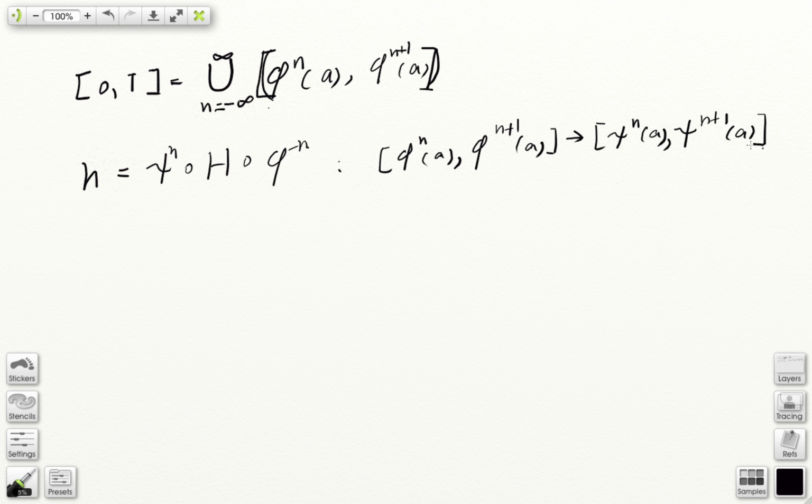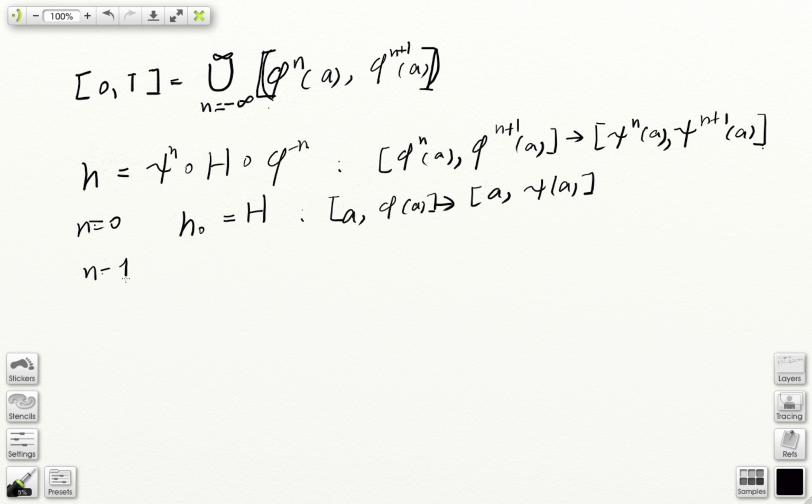So let's look at it in a more detailed way. When n equals 0, let's denote this by h0, which equals h. And this is from the interval a to phi(a) to the interval a to psi(a).